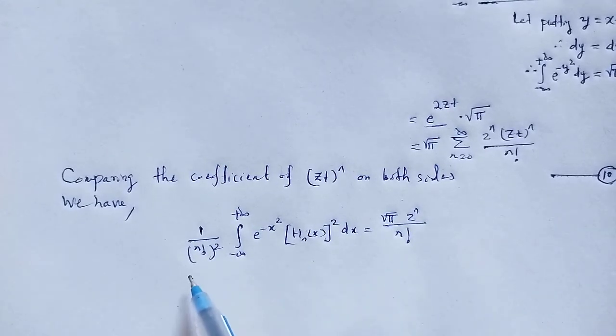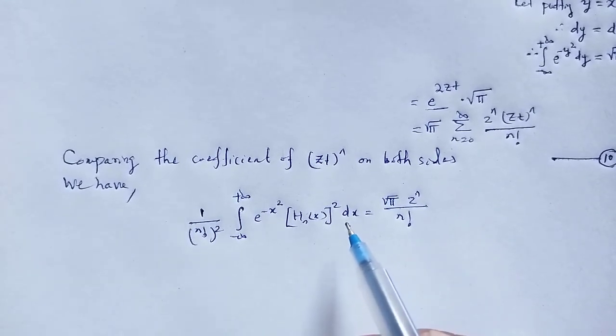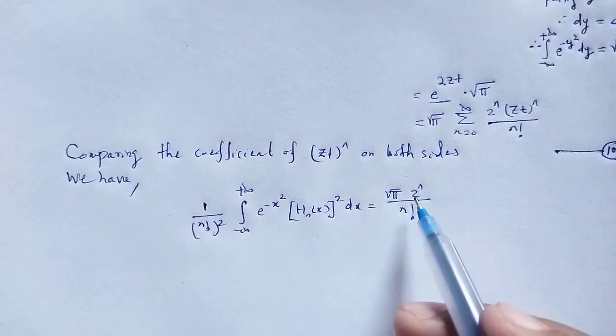One n factorial cancels out, then n factorial goes to that side.